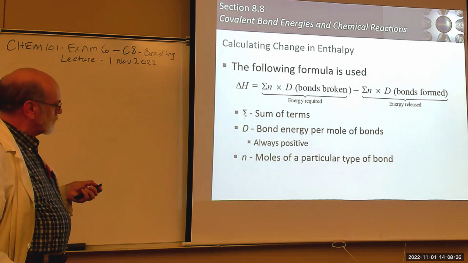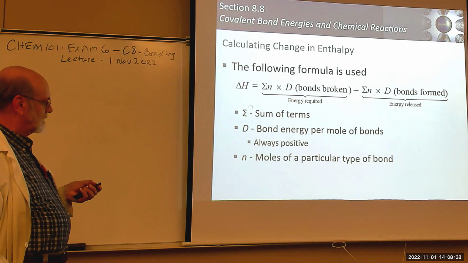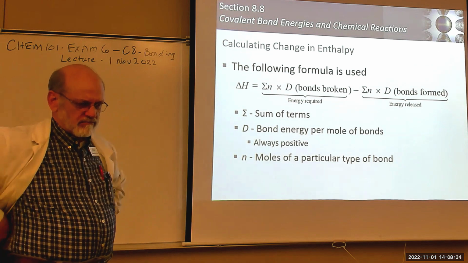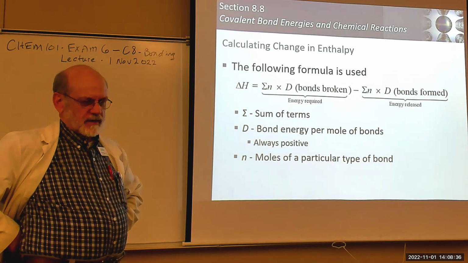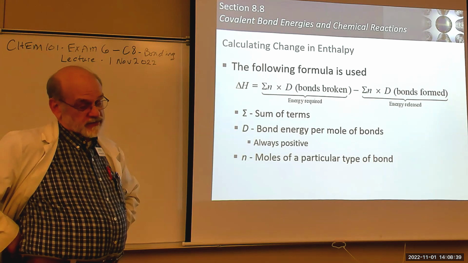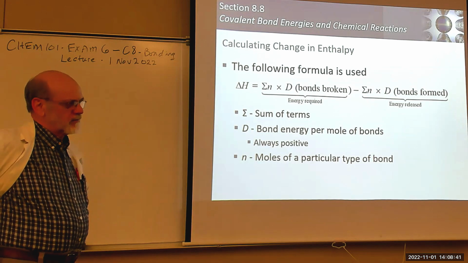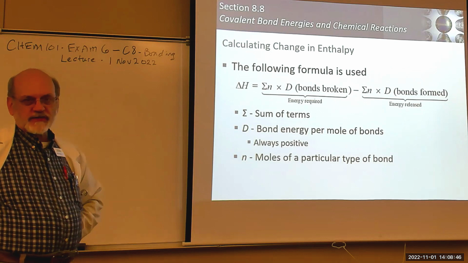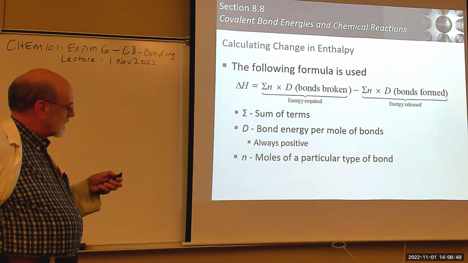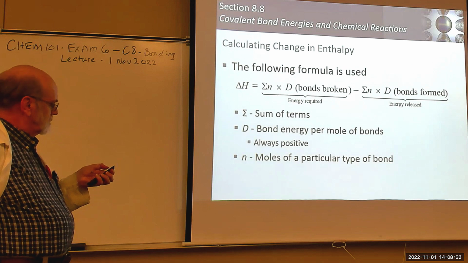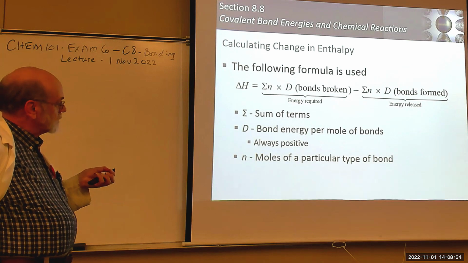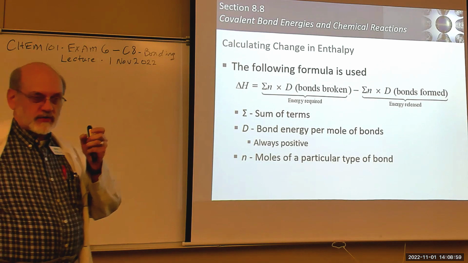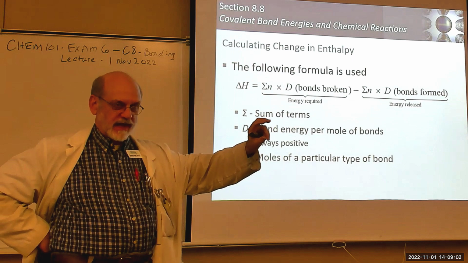This term right here is the Greek letter sigma. It's the Greek capital S, and it's used in mathematical terms to mean summation. So you take the summation of the bond energies. And you always have to use this value here. What is N? In this formula, you take the balanced chemical equation, and N is the coefficient.